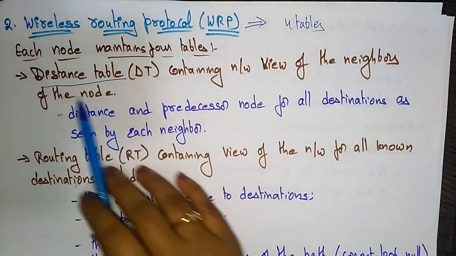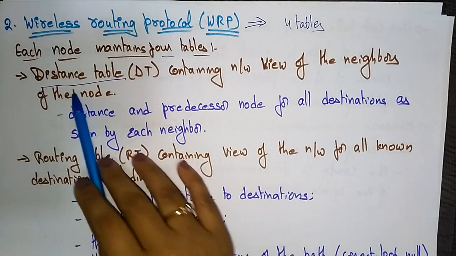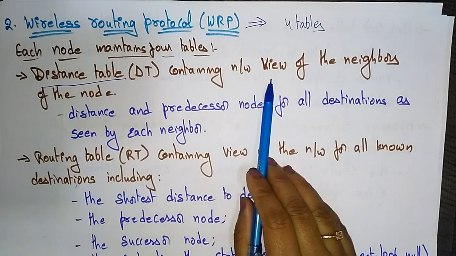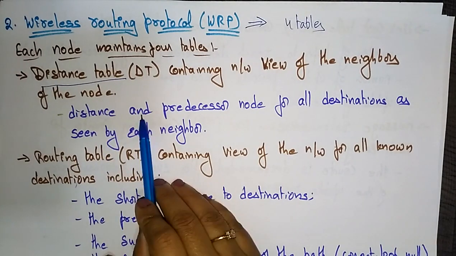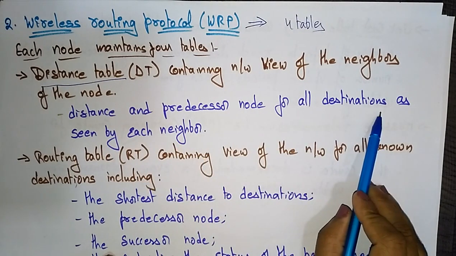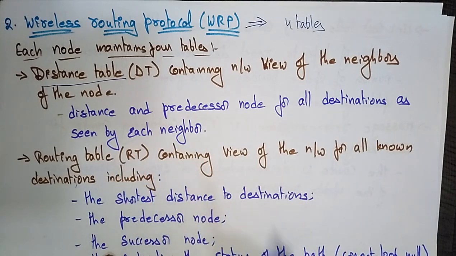So what is the distance table? The distance table contains the network view of the neighbors of the node. It contains the distance and the predecessor nodes for all the destinations as seen by each neighbor.